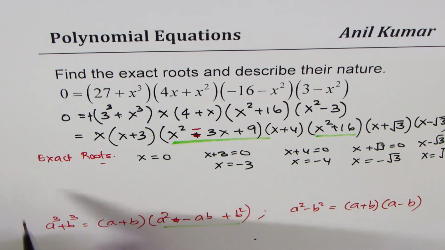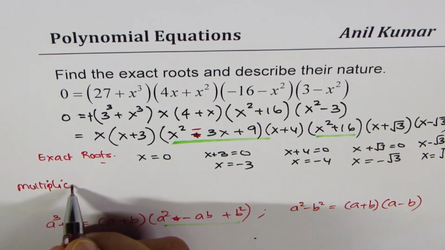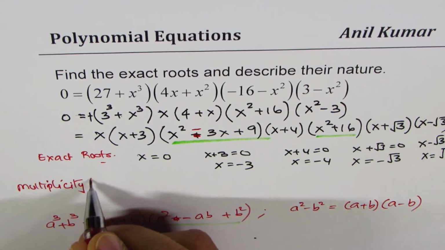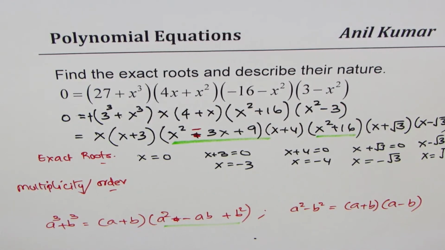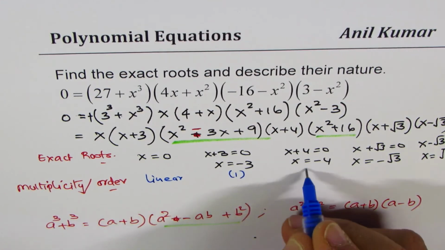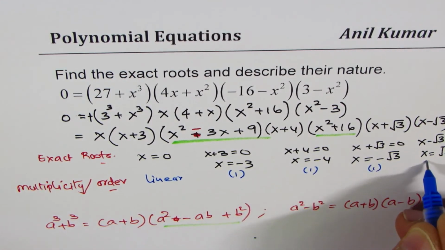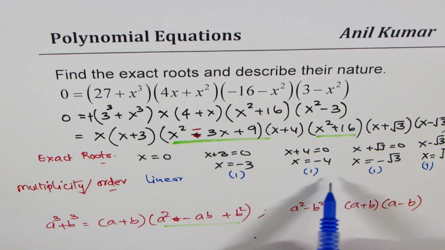And let's write down their multiplicity or order. Sometimes we call it order. Now in this particular case, they are all linear, right? We normally write 1, right? So all orders are 1. So they will cross the graph of the function at these points.